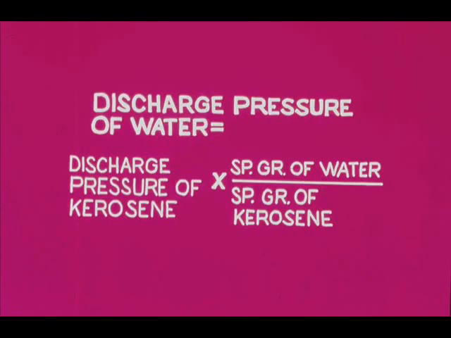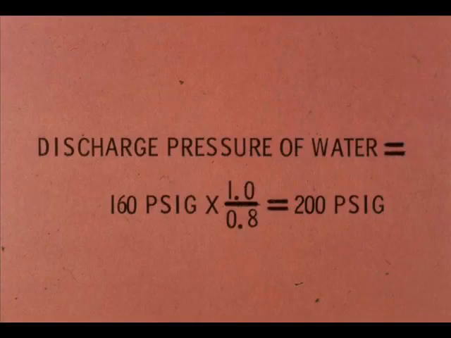To calculate the value of this higher discharge pressure, simply multiply the kerosene discharge pressure times the specific gravity of water divided by the specific gravity of kerosene. 160 times 1.0 divided by 0.8 equals 200 psig.